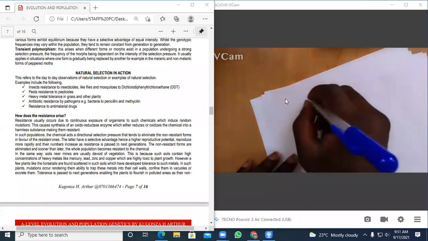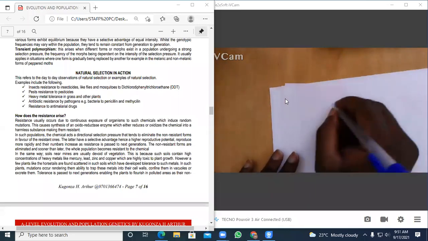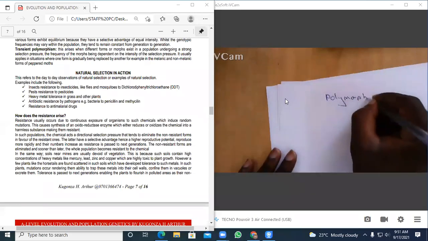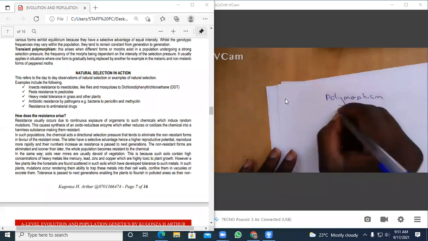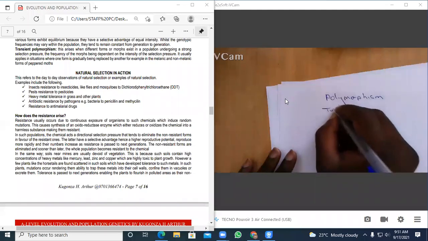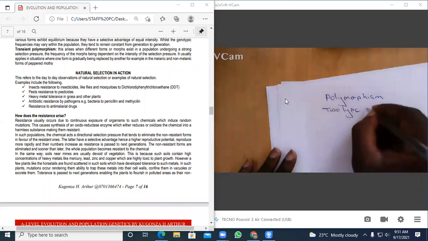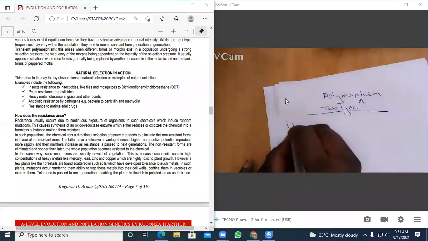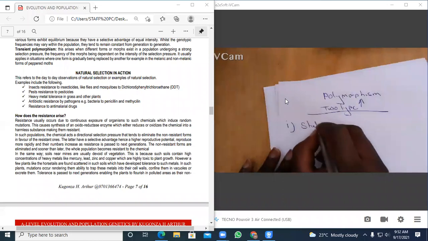Now, polymorphism has two types. We have the first type of polymorphism, which we call stable.